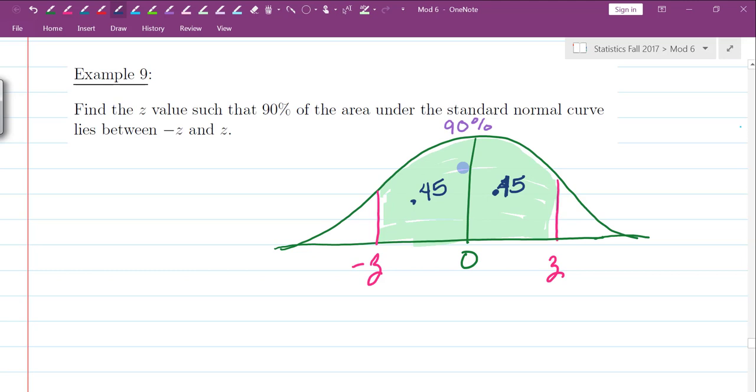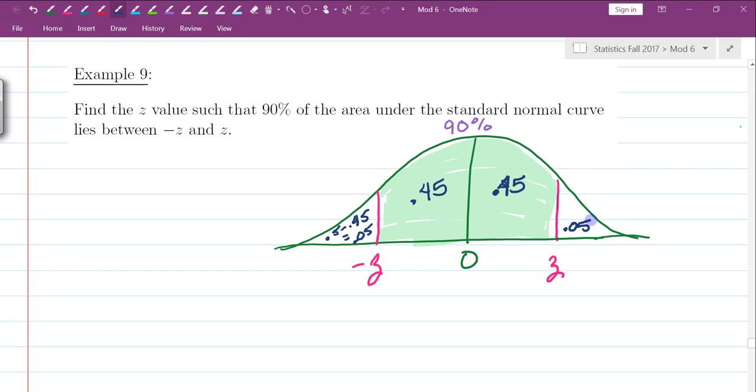So if half is equal to 0.5, then the area under the curve that's left right here is going to be equal to 0.5 minus this area right in here, which is 0.45. And that is going to be equal to 0.05. So in each corner, I'm going to have 0.05 area under the curve.